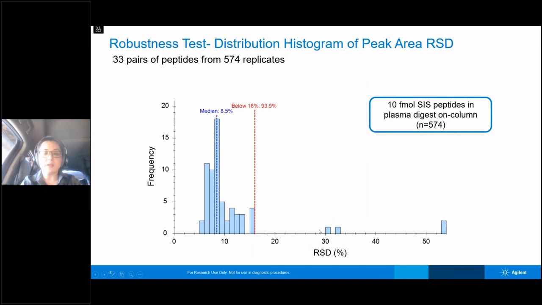So we have to manually integrate these peptides, and the manual integration caused a lot of variation. So we conclude that the overall LC-MS platform is very robust. And here I would like to mention that the RSD shown here actually comes from 2 sources. One source is the manual sample loading process on the Evosep, and the second source is the LC-MS platform variation.